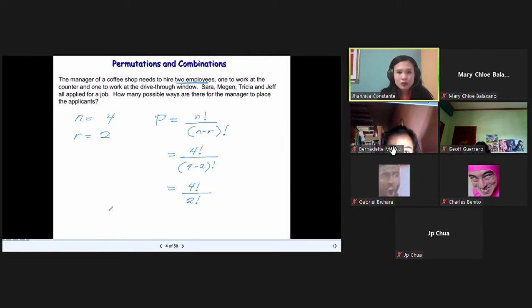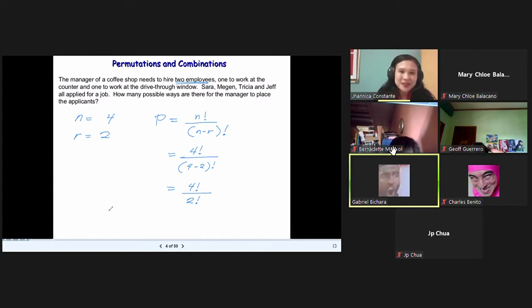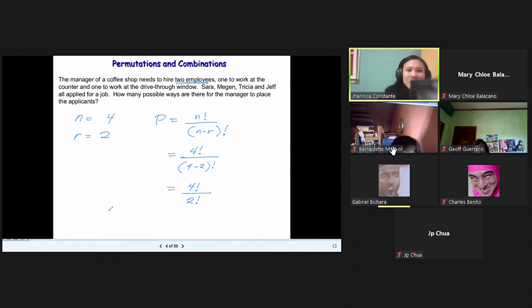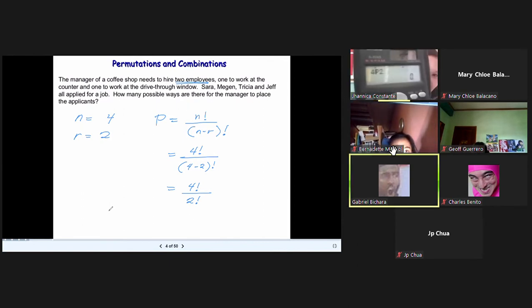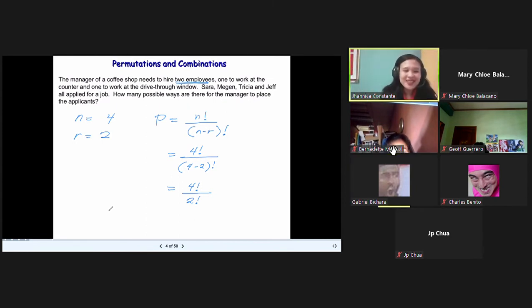So dapat ganito ang lalabas sa calculator, ha? 4P2. Before you click the equal sign, where's that letter on the keyboard? Letter P. 4P2, okay, ang lalabas sa screen ng scientific calculator nyo. Then click the equal sign.